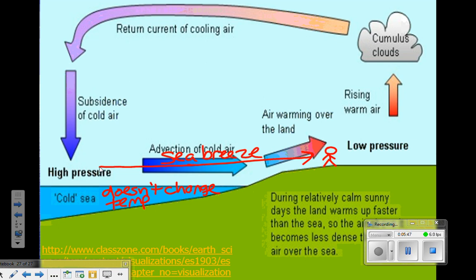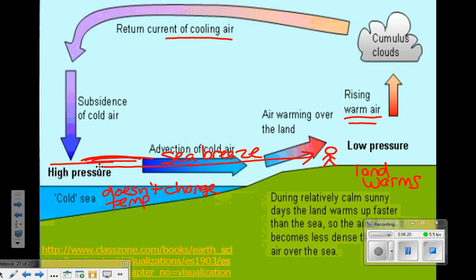So during the day, as the sun warms, the land gets warm, and it will cause the air above it to rise. It rises up, starts to cool, gets pushed over, and the cool air condenses back down. We have our area of high pressure here, and so here come the winds blowing, the sea breeze.